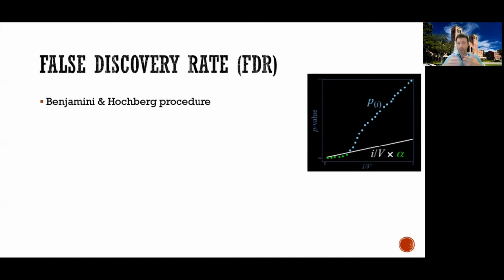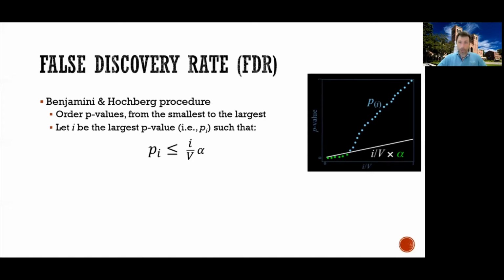Say that you have 100,000 voxels. Order those voxels by their p-value, and that's what I'm showing in this picture right here. On the x-axis is the number of voxels, voxel 1, voxel 2, voxel 3, or rather the number of p-values going from the lowest to the highest.